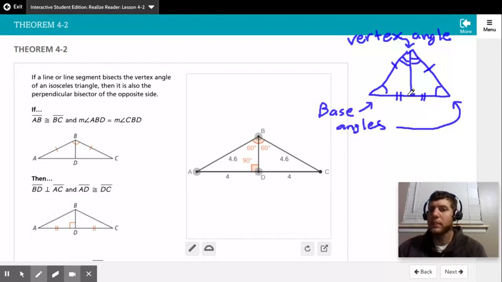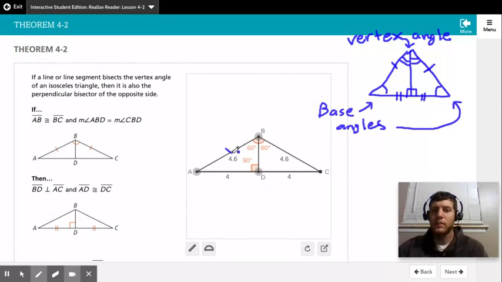And it's perpendicular to that base as well. So you would also have right angles here. So if we bisect the vertex angle, it's also going to be a perpendicular bisector for the base. Perpendicular means you have right angles, and then it's a bisector of the base. So that means these two pieces are the same.